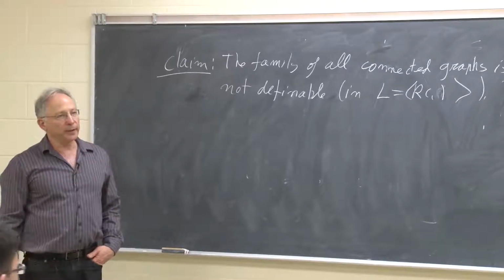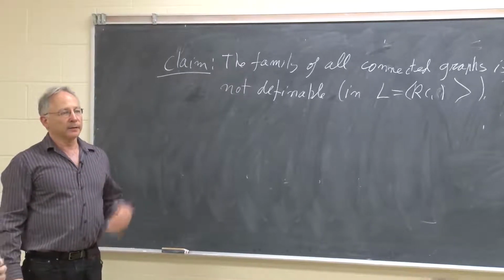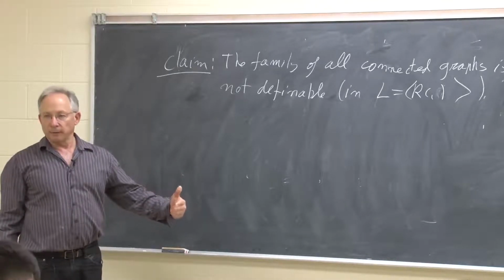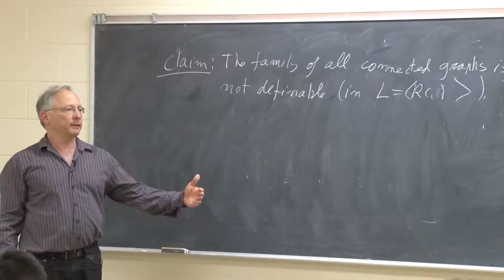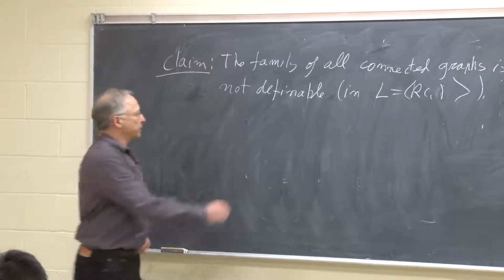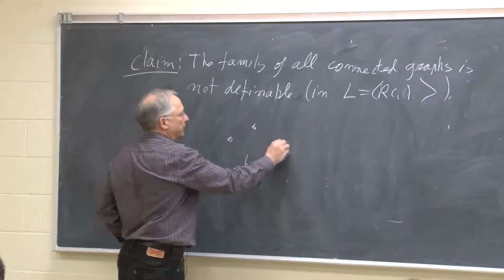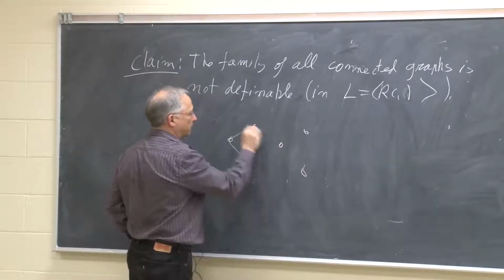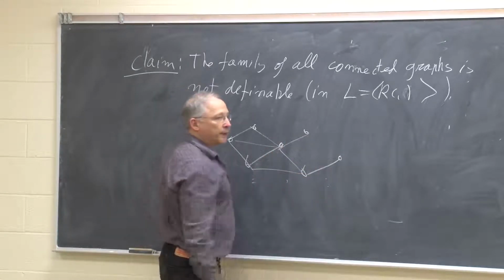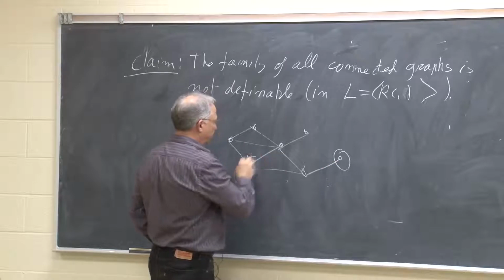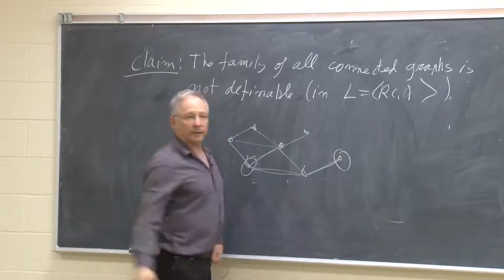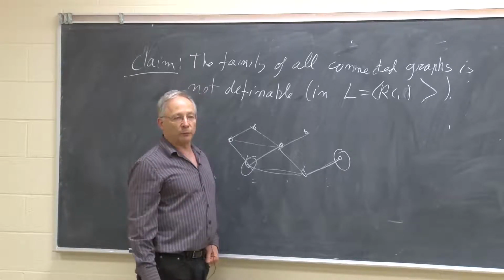And the trick here: there is no set of formulas such that all the connected graphs satisfy it, and every graph that is not connected does not satisfy it. Now, what is a connected graph? Just to remind you, let us consider undirected graphs for simplicity. A graph is connected if for any pair of nodes that I pick, I can find a path that connects them. That's the definition of a connected graph.